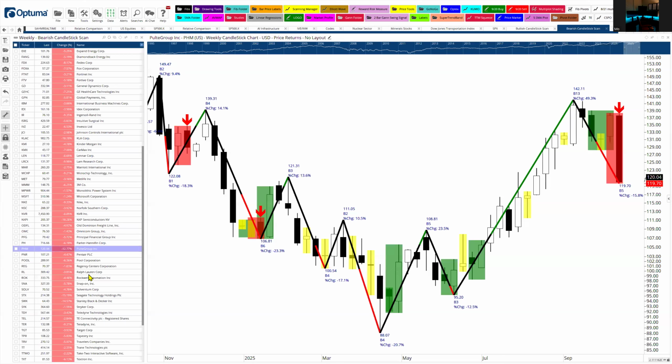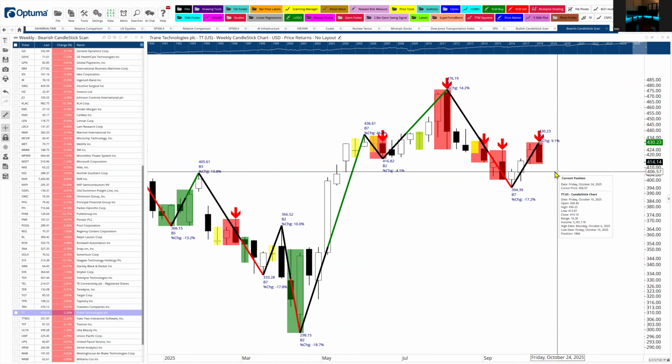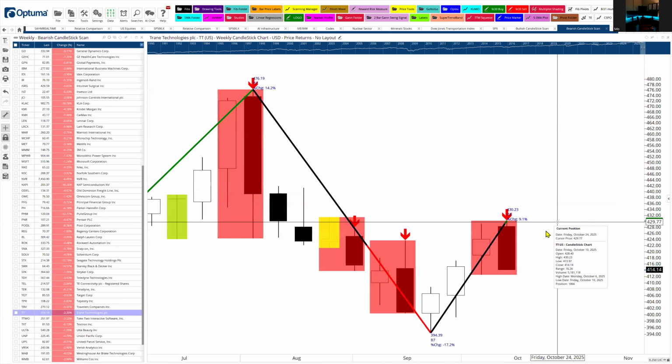Man, these home builders are getting destroyed. Ralph Lauren. TT, Trane Technologies. See, they're all setting up. This is a 3 higher bar. This could be a pullback too.